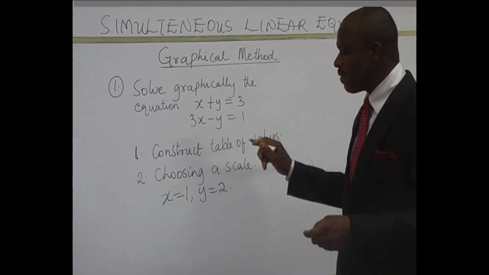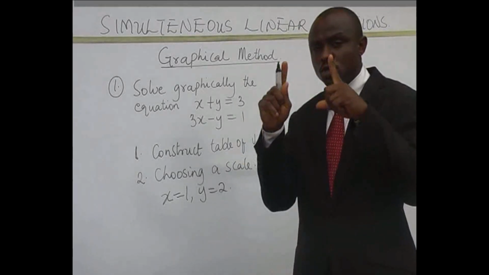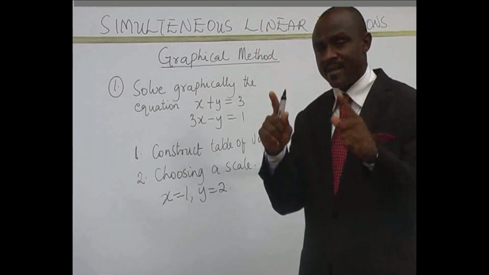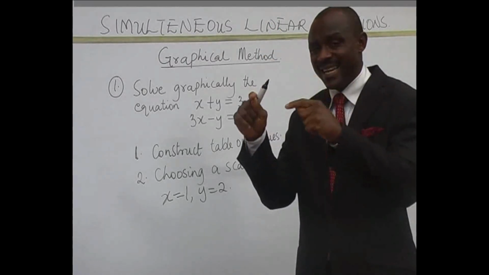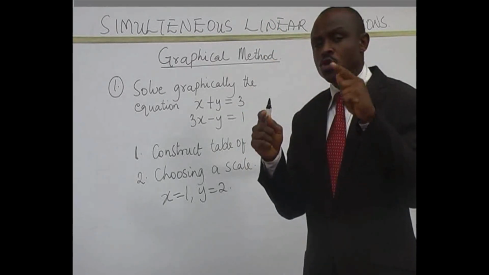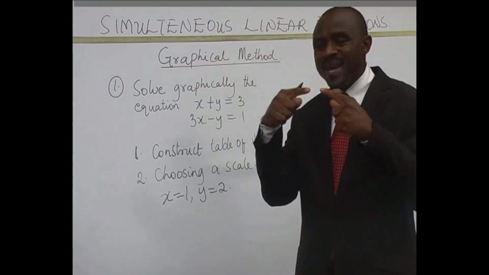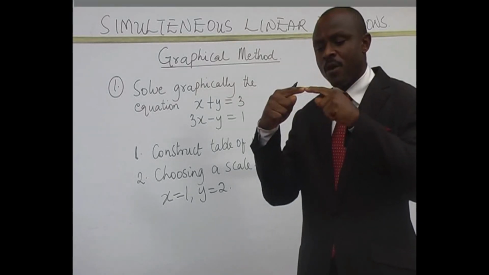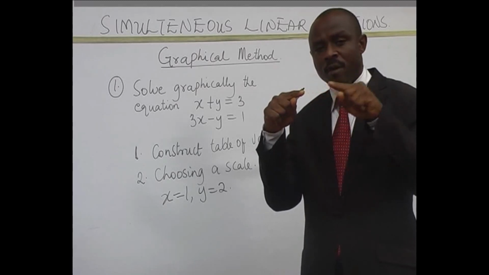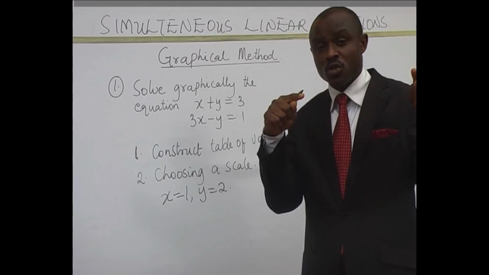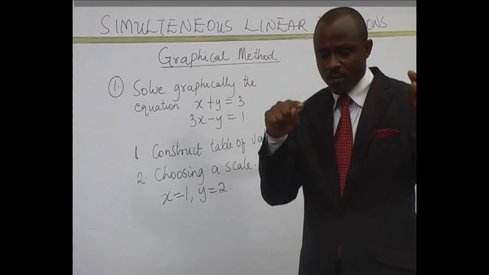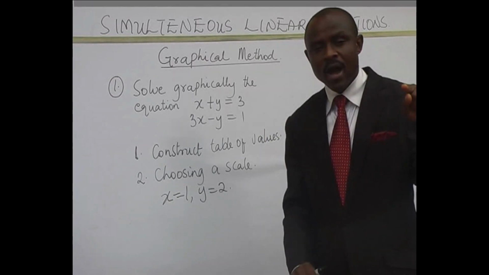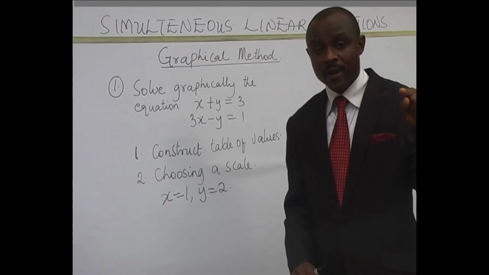Now you are going to discover that there are going to be two straight lines in the graph. Those two straight lines are going to meet at a point. From the point where they meet, we are going to read the value of y. You will discover that it's going to be 2. And we read the value of x down, and you will see it's going to be 1.